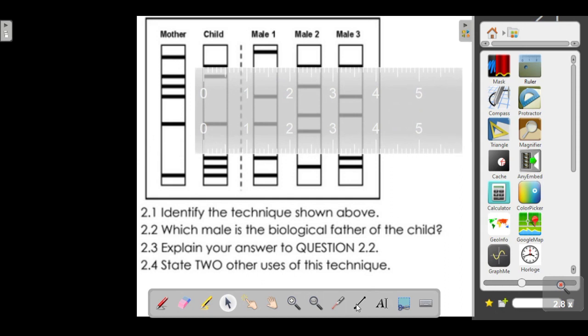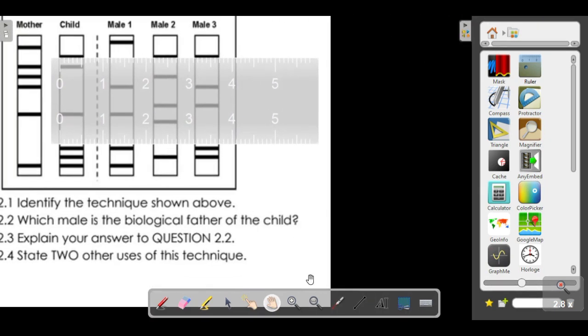Look at the bars of the child, look at each and every one of them, and look at which male has their bars, or most of their bars, matching up with the child. But of course, we haven't arrived there yet.